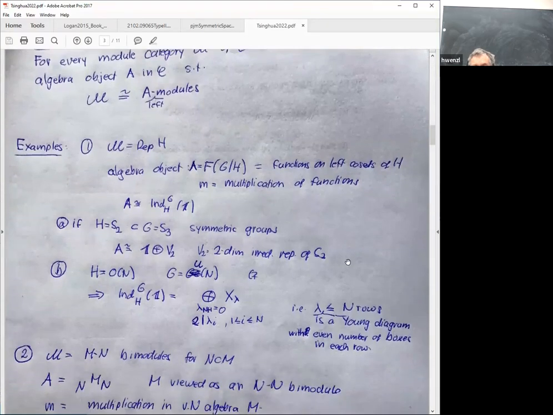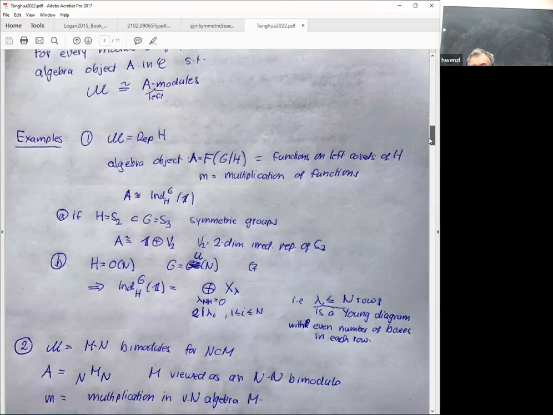So for instance, for our first example, let's take a subgroup H equal to S2 and a big group S3, symmetric groups. Then A would be given as a direct sum of the trivial and the two-dimensional representation. And you also see, if you add up the dimensions, you get 3, which is the index of S2 in S3.